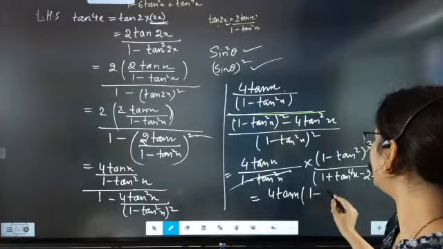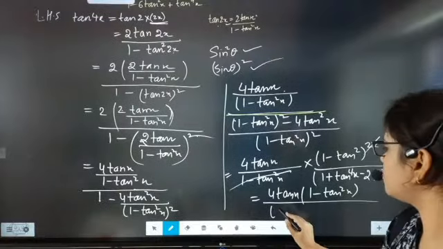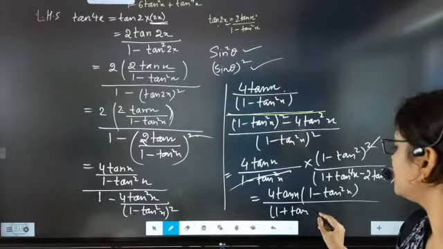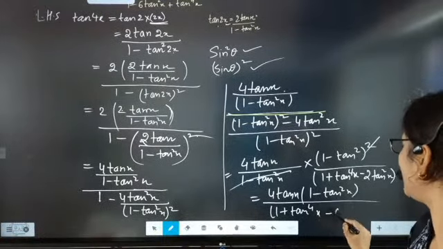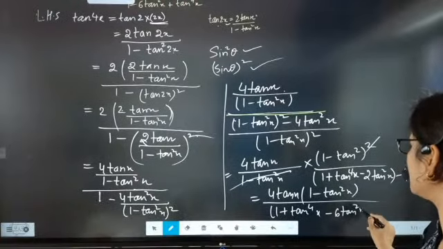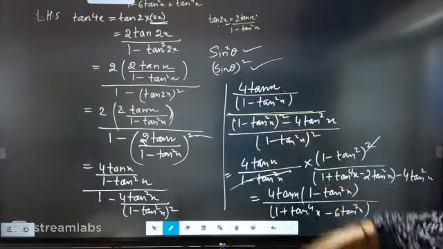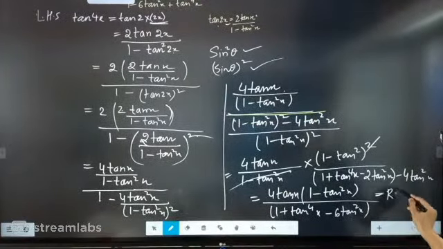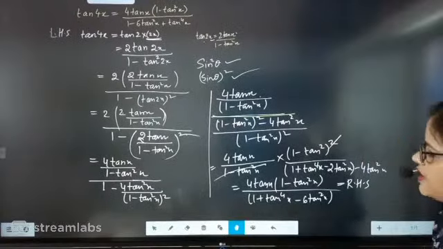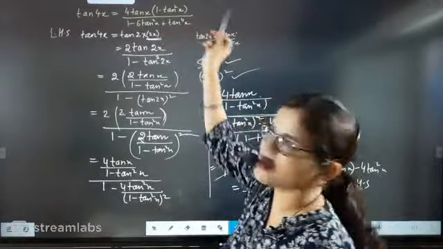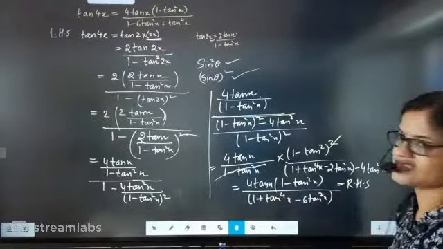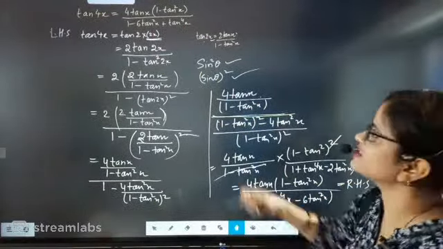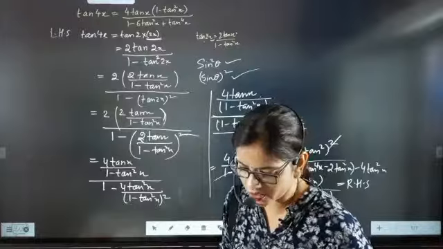In the denominator you solve this one, it is coming as 1 plus tan 4x minus 6 tan square x. That is what they told us to prove, and that is exactly equal to the RHS. Proved. Check this one. What did they tell us to prove? They told only this one to prove, na? That is 4 tan x into 1 minus tan square x, denominator 1 minus 6 tan square x plus tan 4x. This is what we had to prove.